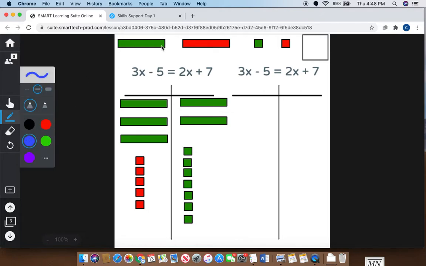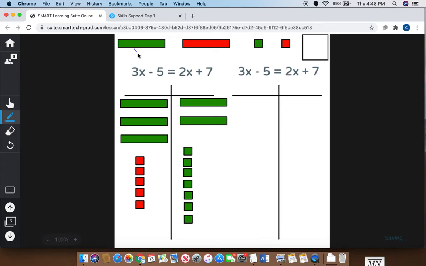These little things represent, well, first of all, 1x is represented by one green bar. So 3 x's means you have 3 green bars, while 2 x's means I have 2 green bars. And a negative x is represented by a red bar.